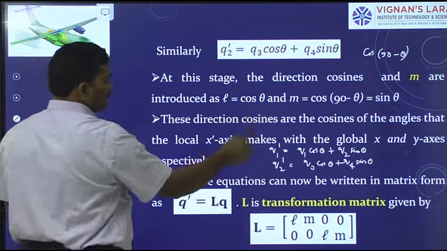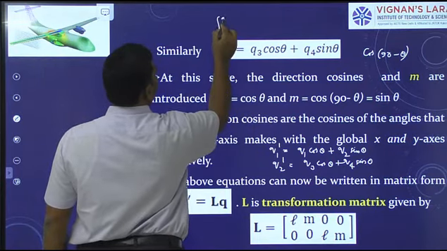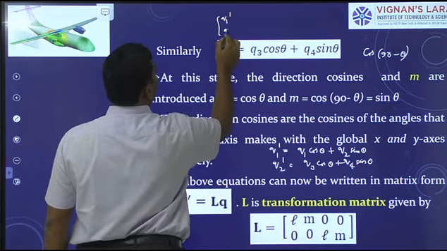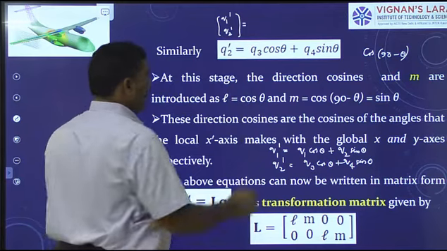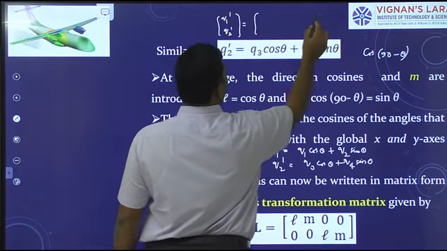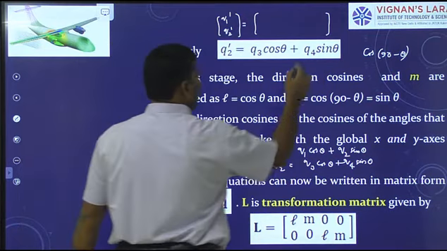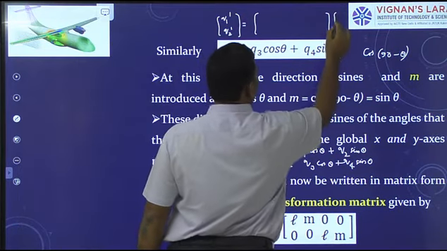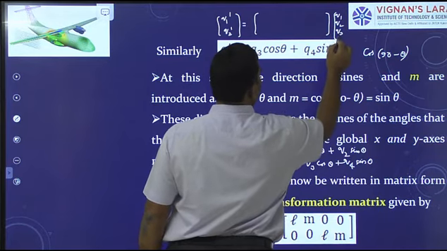I write a column matrix having the elements Q1 dash, Q2 dash, equals a matrix of size 2 by 4, into a column matrix having the elements Q1, Q2, Q3, Q4.